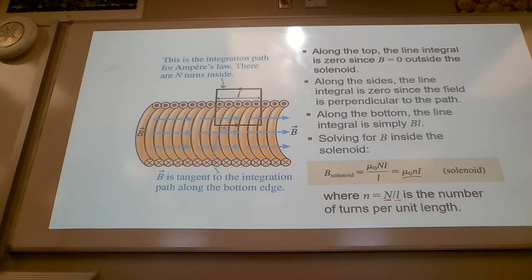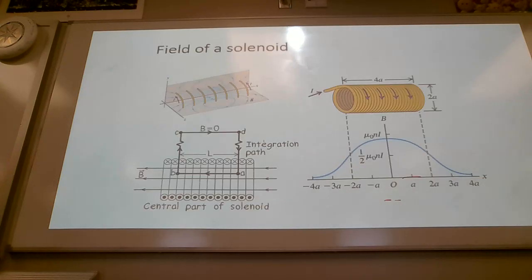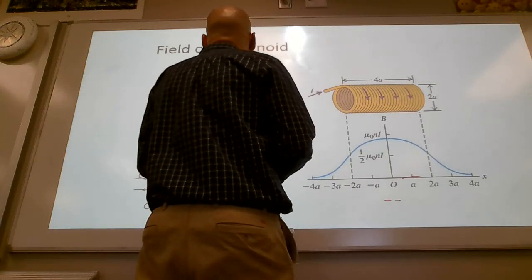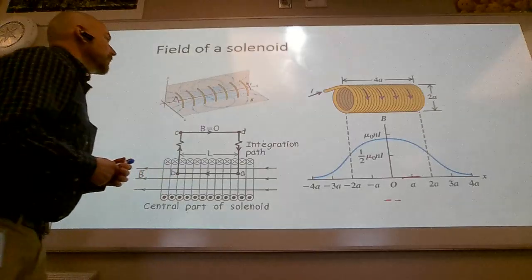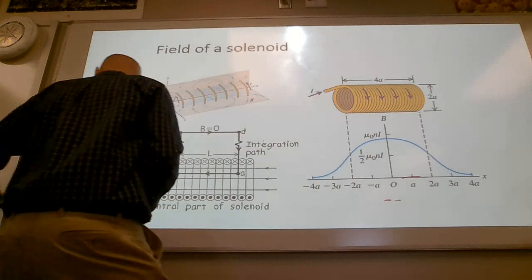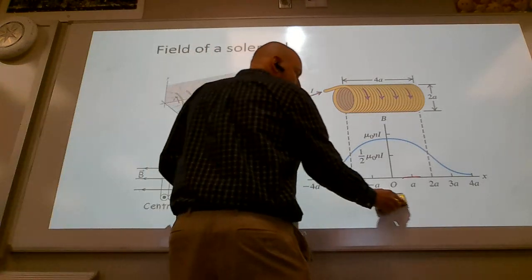How are we doing with that? Another popular shape. Technically, the magnetic field of a solenoid is not constant and drops off towards the ends.